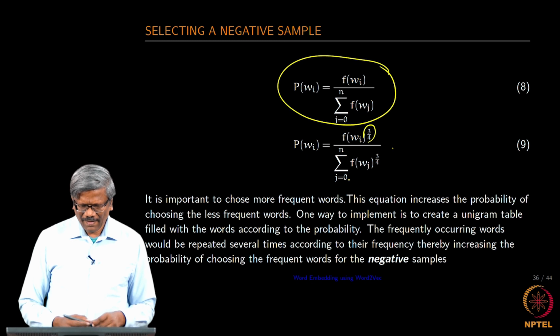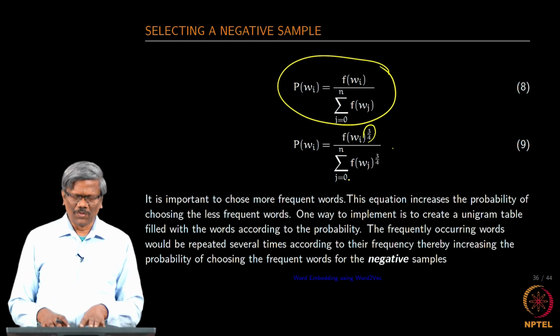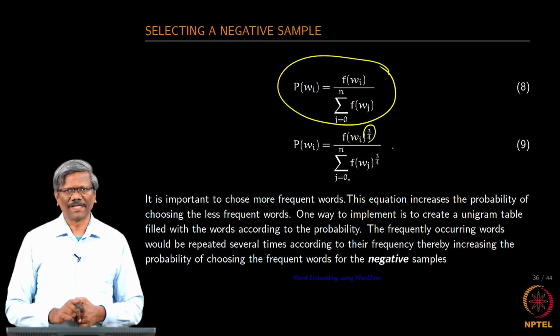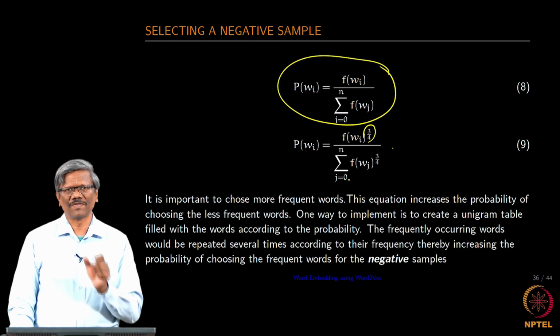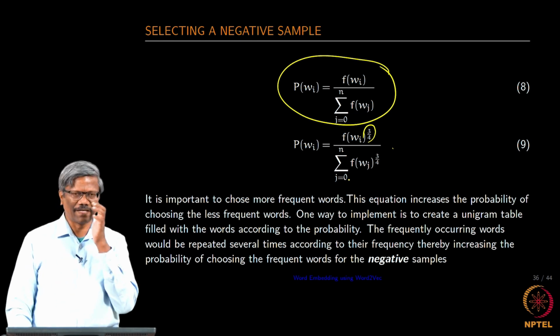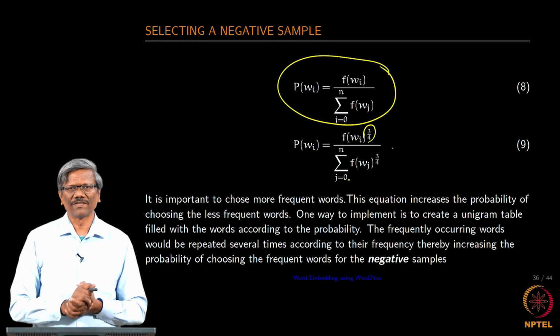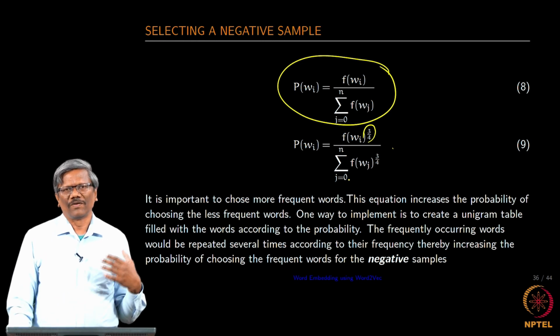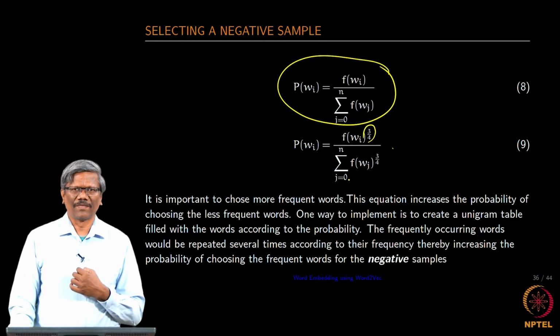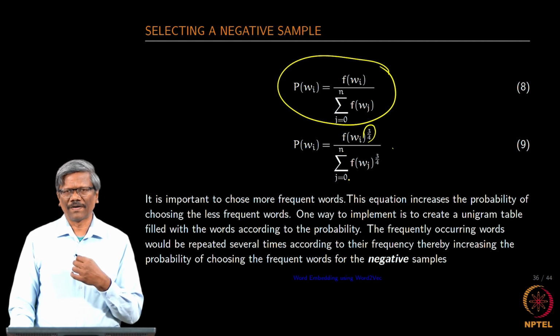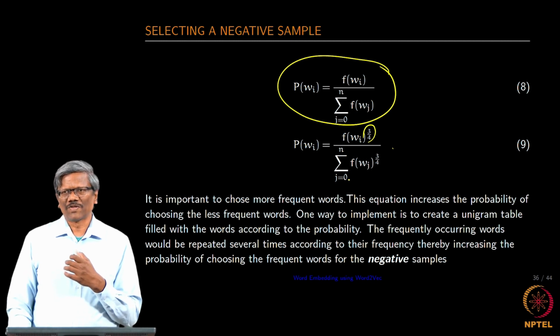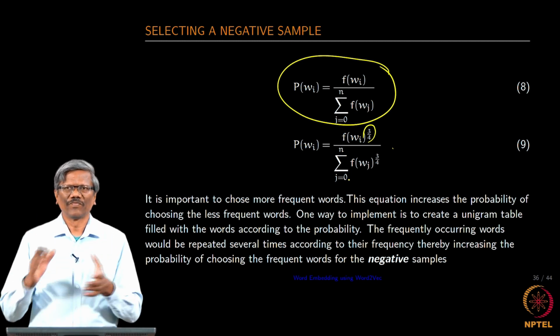Okay. And then there is another mechanism. What you do is, once you compute the probability and find out how many times a particular word appears in the entire vocabulary, you have the frequency table as well. Using that frequency table, you can find out how many times you want to repeat certain words in a table.